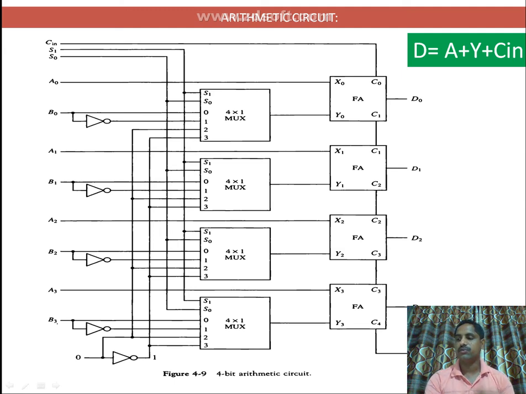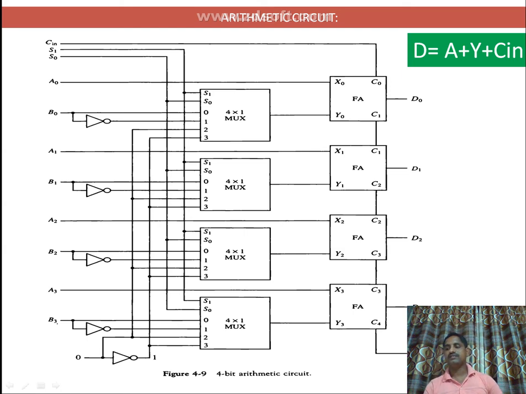Then at the least significant position, the output of the binary adder is calculated from the arithmetic addition D equal to A plus Y plus Cin. Here, the selected input is Y, so D equals A plus Y plus Cin. It is one of the micro operations. If S1 S0 is 0 0 and Cin is 0, then the input is set to B, so D equals A plus B. If 0 0 1, it is add with carry.